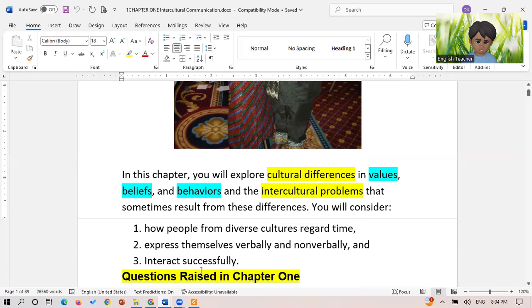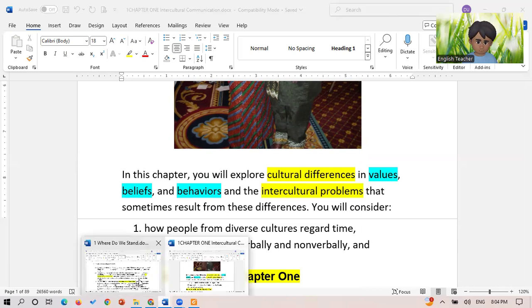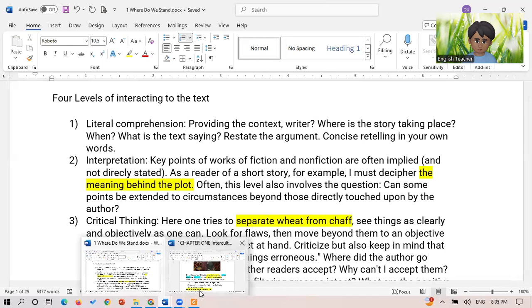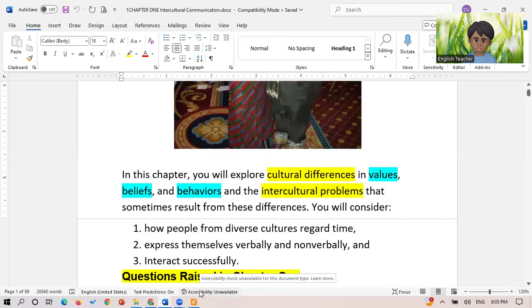So I was earlier talking about, let me show that page to you. Here under literal comprehension, I was saying that we begin by talking about the context of the essay. And so I'm showing you the context of this essay in this book.